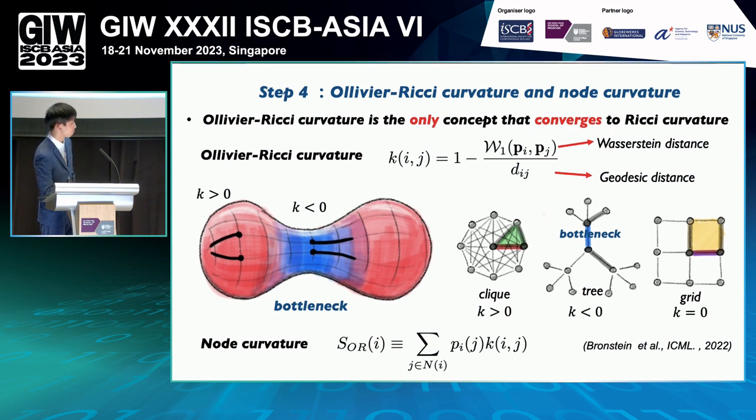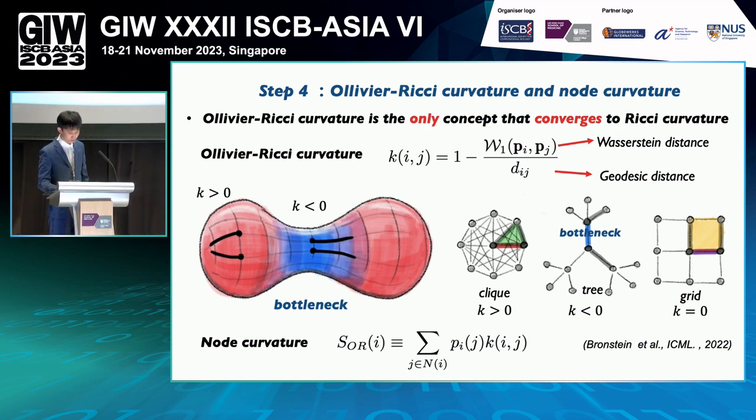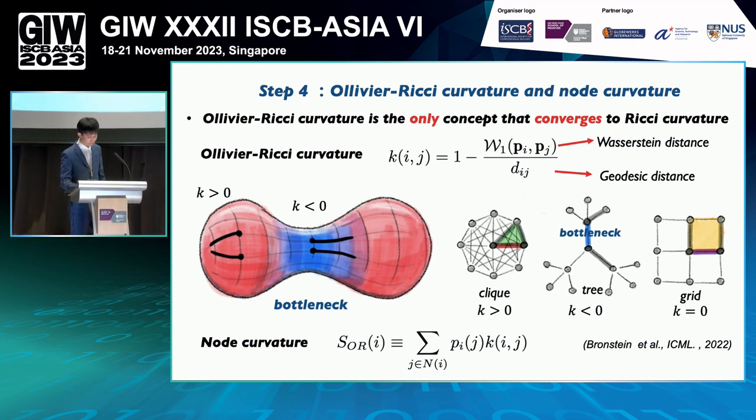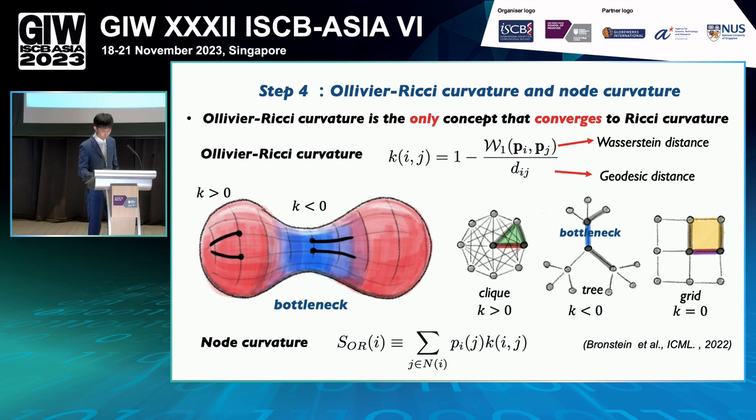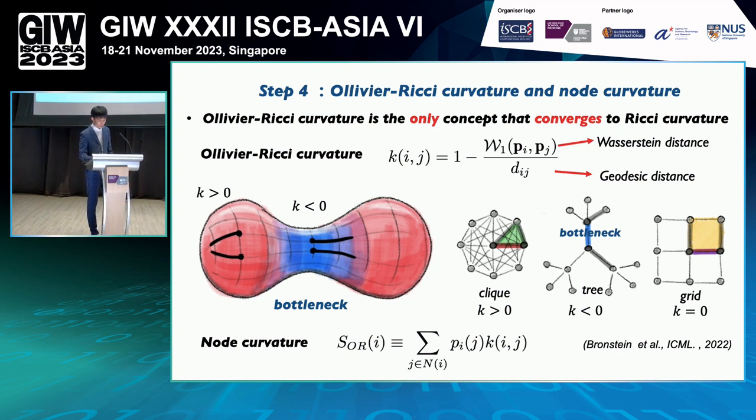I don't know if I can explain this. This curvature is defined on networks, which approximates the curvature in continuous geometry. The Ollivier-Ricci curvature is a curvature on the edge of a network because it's defined between node i and j. You see, the Ollivier-Ricci curvature is defined between two nodes which have an edge connecting them, right?